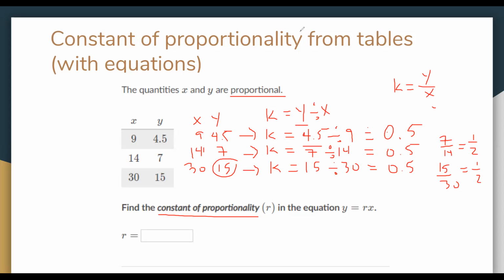And for those that weren't aware, 4.5 is actually half of 9. So it's that simple. To find k, you divide the y value by the x value. So the final answer was 0.5, or if you preferred, you could have done 1 over 2, but you're obviously only going to enter one answer in your problem.